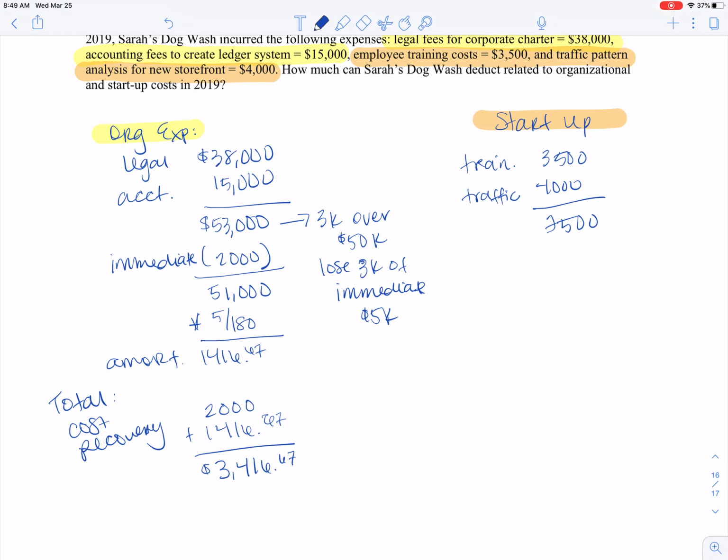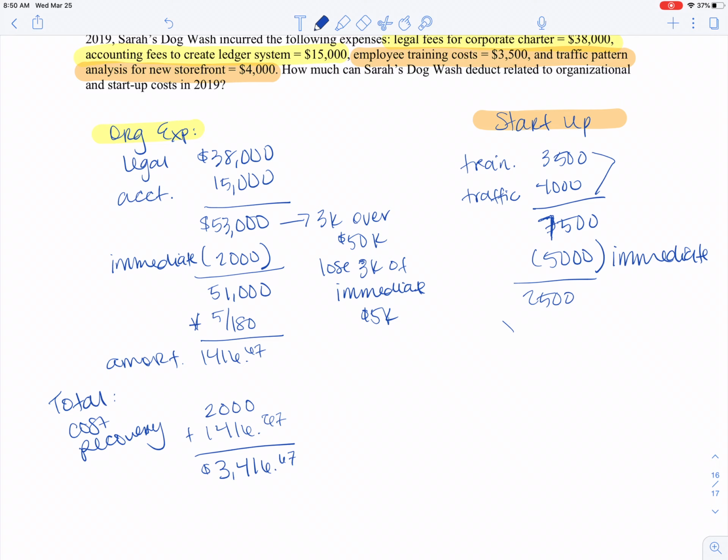Because I'm below the $50,000 threshold, I get to deduct $5,000 immediately. The $5,000 doesn't get reduced by anything because my total is under $50,000. So I have $2,500 remaining. I amortize that over 180 months.